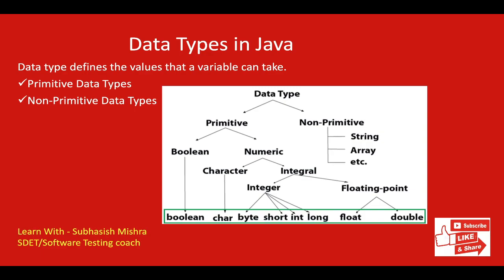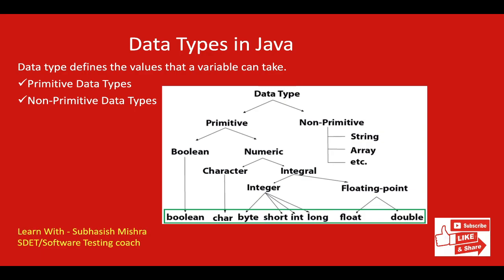The size and type of variable values are specified and it has no additional methods. Whereas non-primitive data types are not actually defined by the programming language but are created by the programmer. They are also called reference variables or object references since they reference a memory location which stores the data.